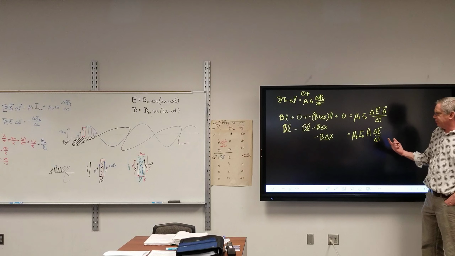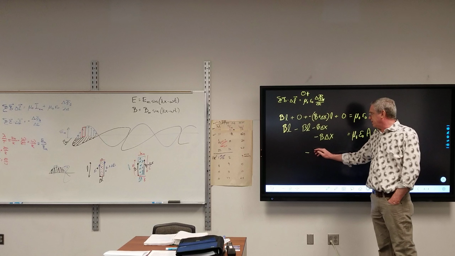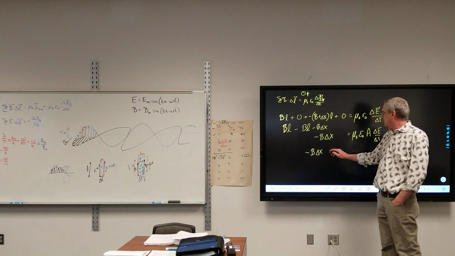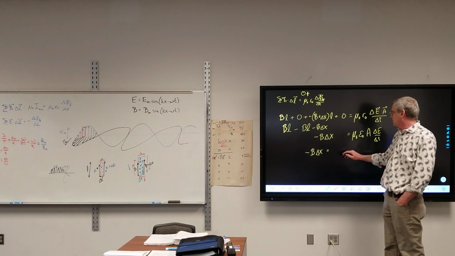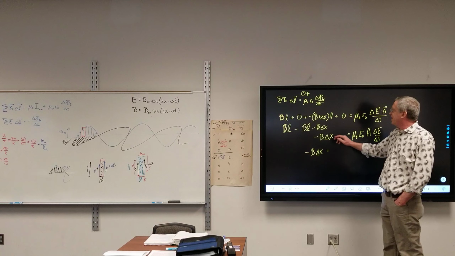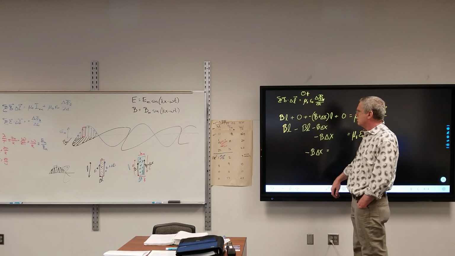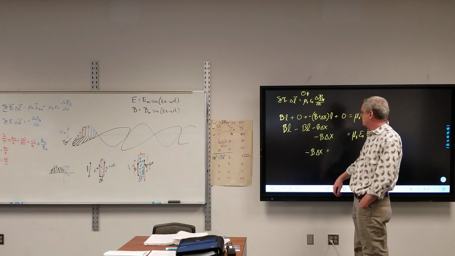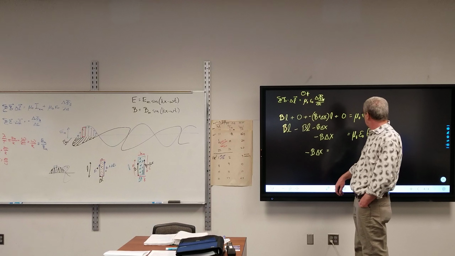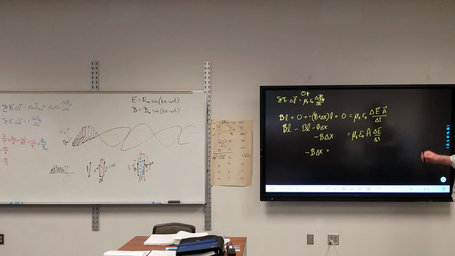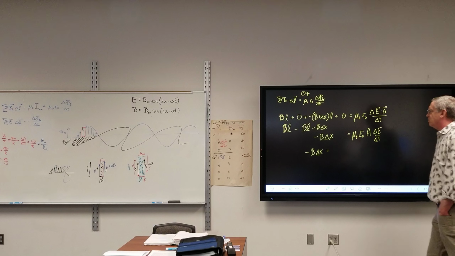All right, so now, same process as before. This is negative B delta X equals... oh, that's B, piece of that. Nope, I lost something here.